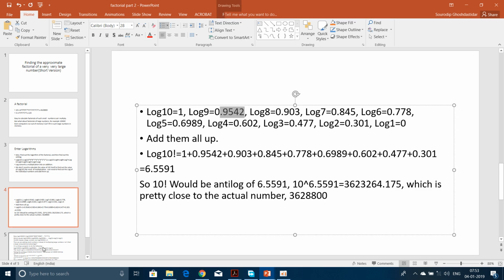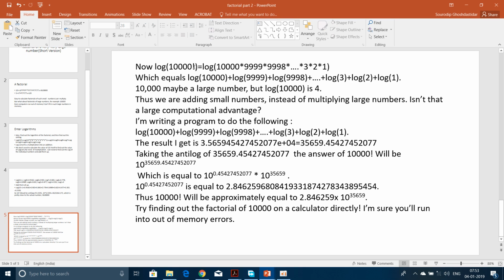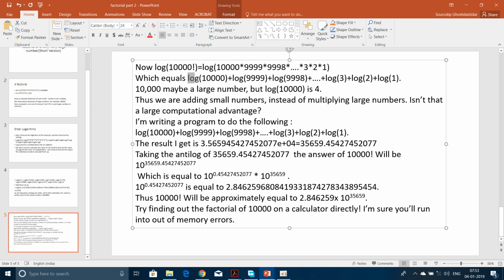So let's go to the logarithm of 10,000 factorial. Log of 10,000 factorial is basically the log of the multiplication of all these numbers. We just bypass multiplication and do addition. So we add the log of 10,000, the log of 9,999. See that log of 10,000 is a very small number, which is 4. Log of 9,999 is even less than 4.